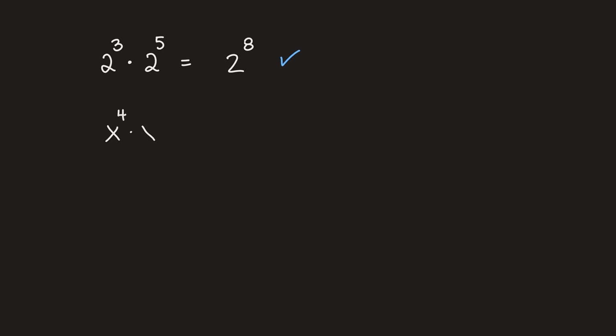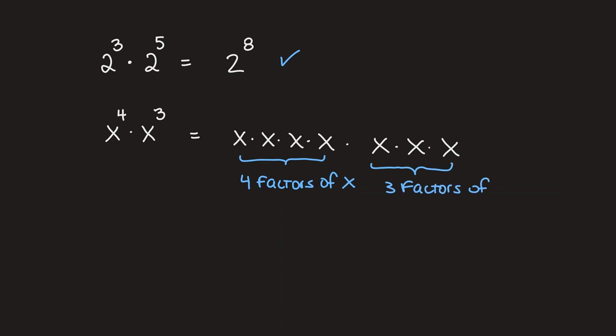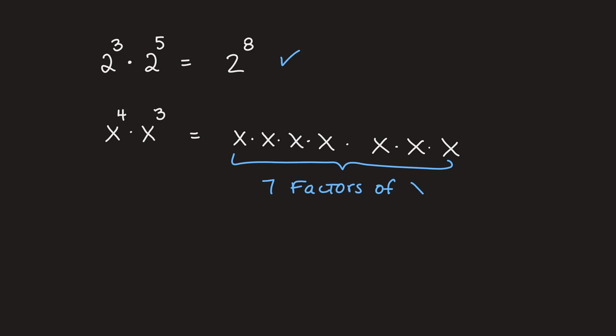And we can do the same thing if we had variables. So for the first factor, we have 4 factors of x, and then for the second factor, we have 3 factors of x. And then looking at this as a whole, we have 7 factors of x, which can be written in exponential notation as x to the 7th power.